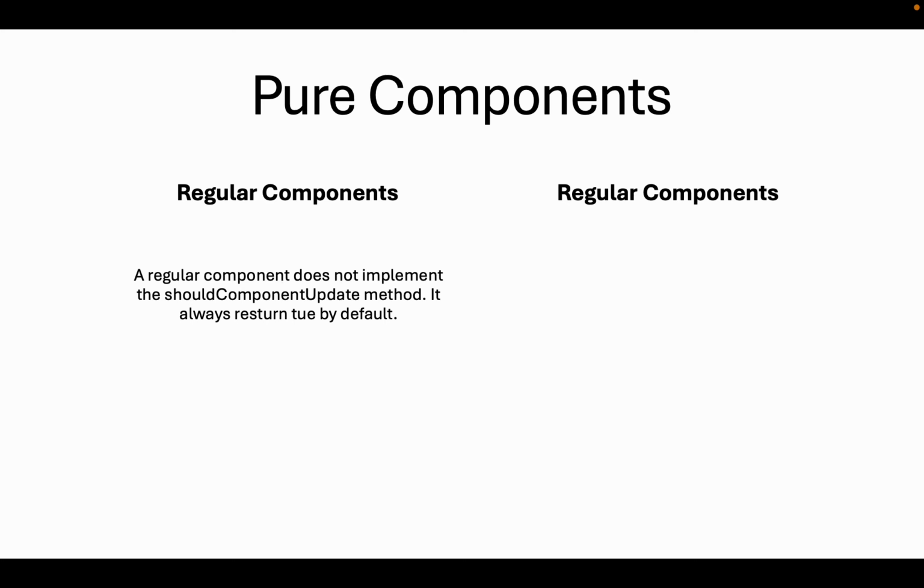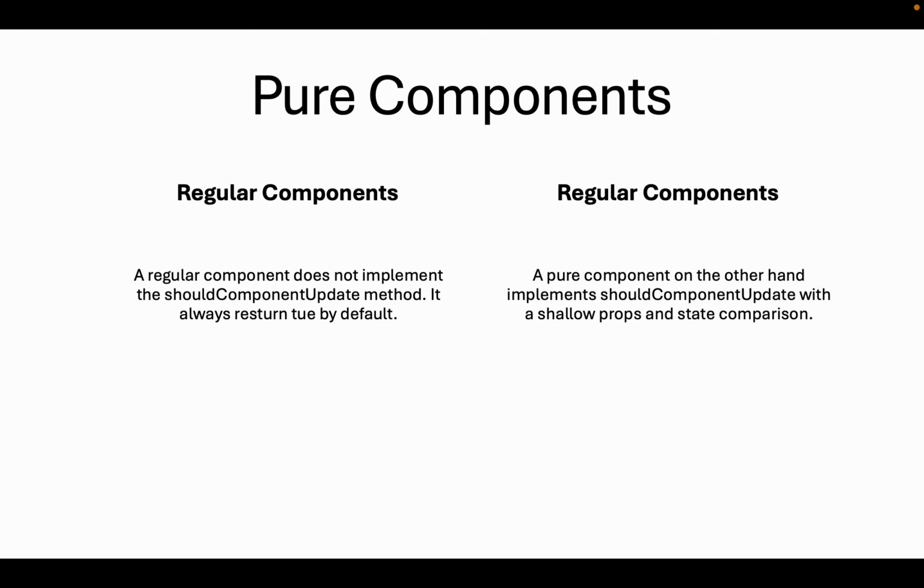As soon as you set the state, it never checks any differences in the state. It always re-renders, always calls your render method. On the other hand, the pure component. Sorry, I forgot to write here, regular component, pure component.